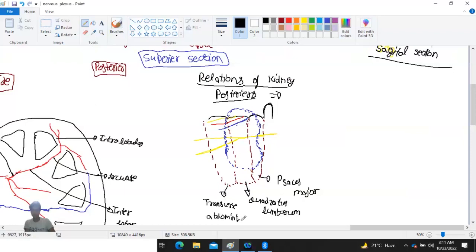and subcostal vessels. These are subcostal vessels and nerves.